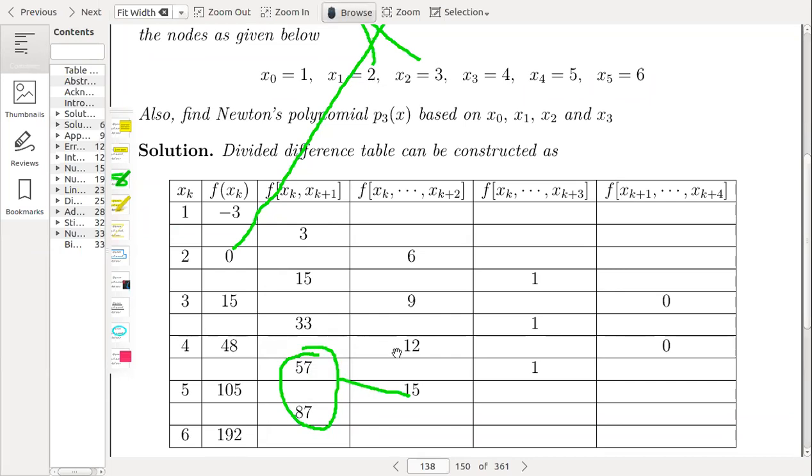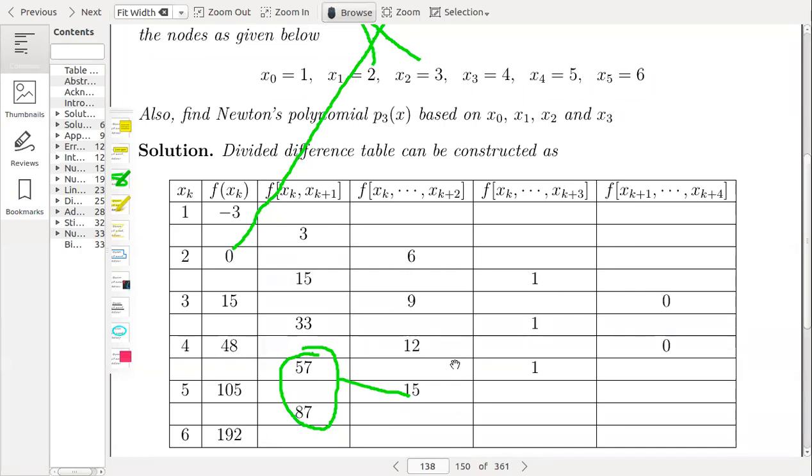Divided by 2, we have 12. And then 33 minus 15: 13 minus 5 is 8, and 2 minus 1 is 1, so 18 divided by 2 is 9. And similarly, 15 minus 3 is 12, divided by 2 is 6. So this is how we get the second divided differences.